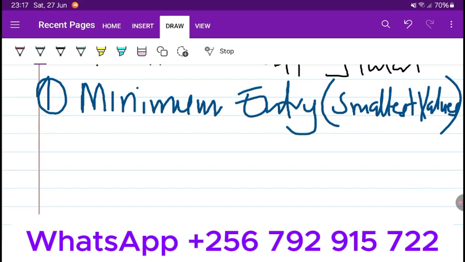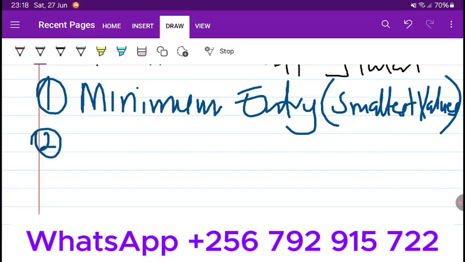In the data set that has been given to you, you first arrange the data in ascending order. Second, you pick out the first number, and that will be the minimum entry, the smallest value in the data set.